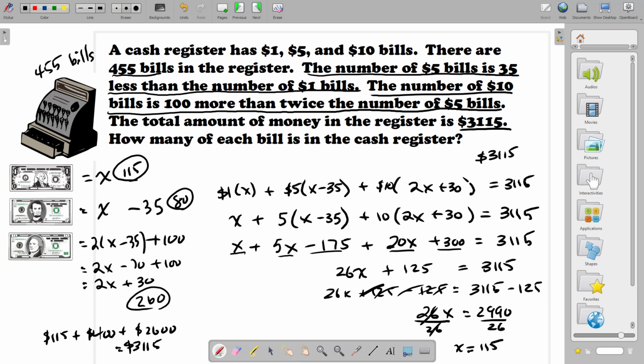Word problem, we should give a word answer. There are 115 $1 bills, 80 $5 bills, and 260 $10 bills.